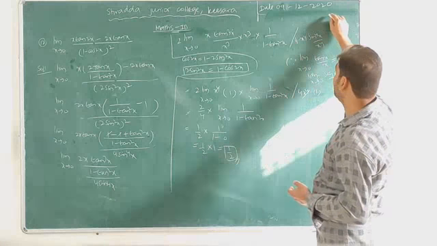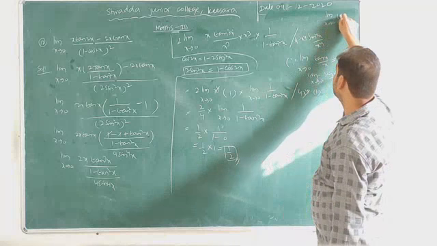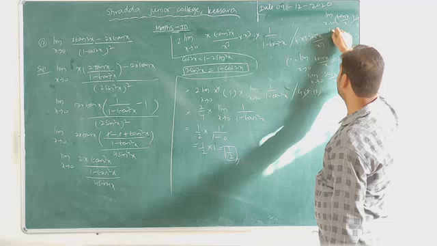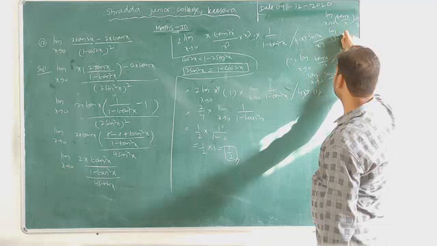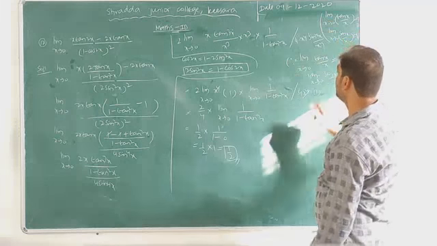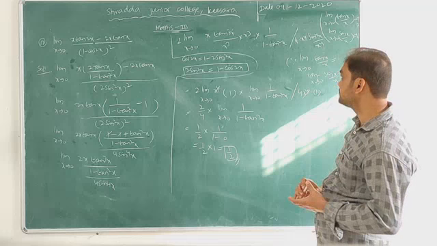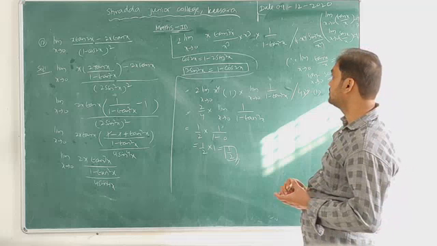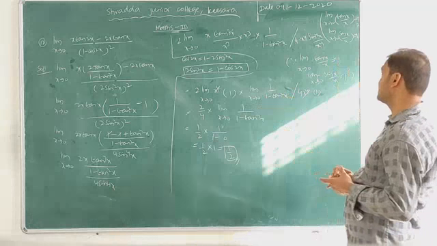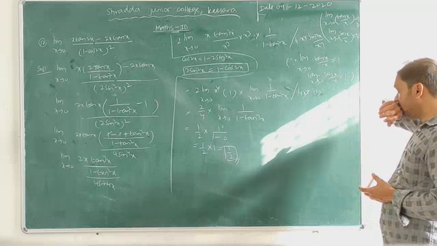So here also you have to apply the formulas: limit x tends to 0, tan x by x equals 1, and limit x tends to 0, sin x by x is also equal to 1. So what are we getting here, 2 into limit x tends to 0, x power 4 into 1, and here limit x tends to 0, 1 by 1 minus tan square x by 4 into x power 4.